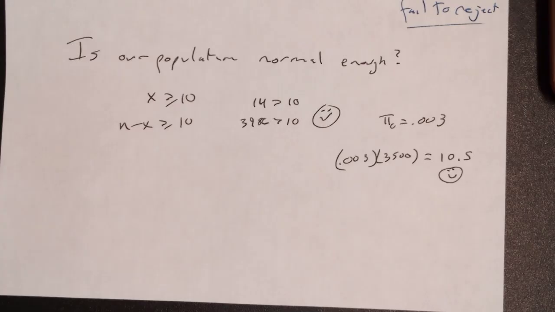Out of 3,500, I want to know the chance that it's less than or equal to 10.5, right? So that's probability of 10, 9, 8, 7, 6, 5, 4, 3, 2, 1, and 0. And with a chance of failure of 0.003, I've got to add all that up.